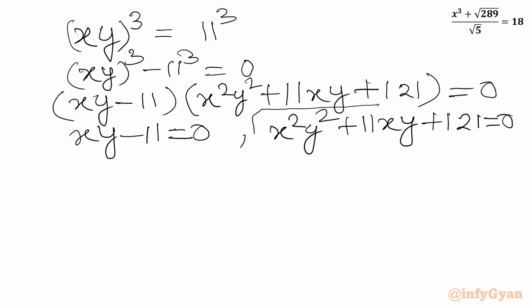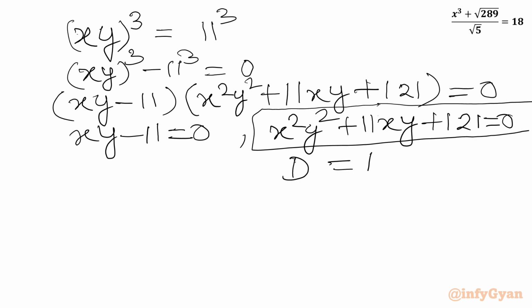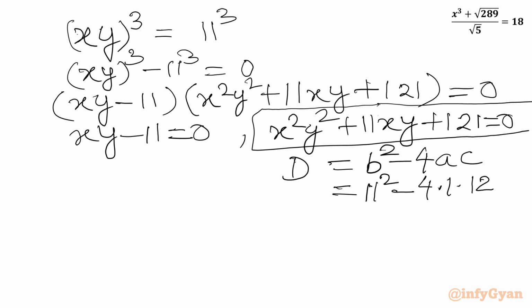Now for this quadratic equation, if I check the value of the discriminant only, then as per the formula b square minus 4ac. So b square, we will write here 11 square minus 4 times 1 times 121. This will come out 121 minus 484.